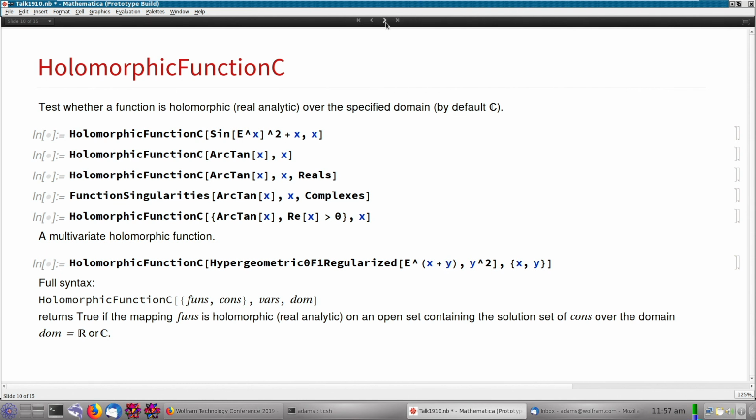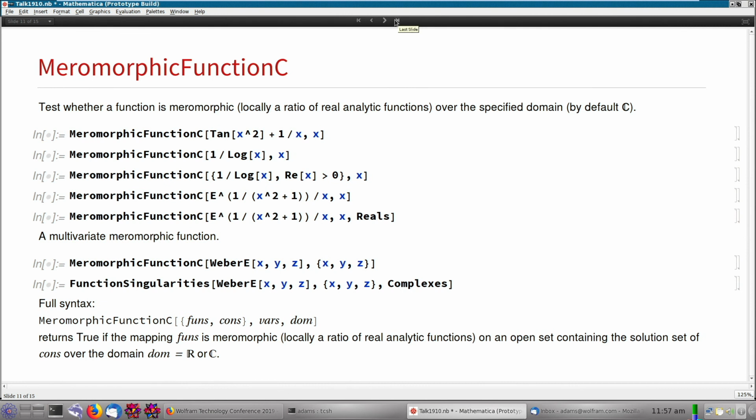And we have meromorphic function C, which tests whether the function is meromorphic or locally a ratio of real analytic functions.